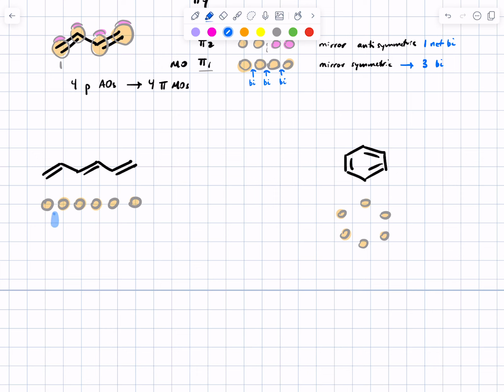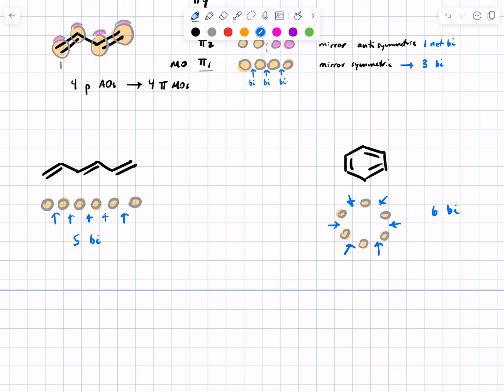Let's count the number of bonding interactions that you've got in benzene. Sorry, 1,3,5-hexatriene. 5 places where there's no change in wave function sign between atoms. But benzene, because it's cyclic, you have 6 bonding interactions. Okay? That's why the cyclic and fully conjugated matters, and that's where some of the extra stability comes from being cyclic.